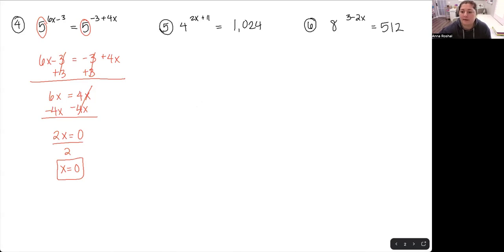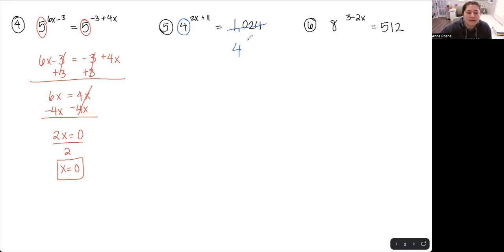Okay, and then, whoops, second. And now at this point, we're looking at problems that don't have the same base. So ideally, we're creating the same base. What we want to do is change this base into 4 to the something power. Only because this is 4 to the something power, we know that this is divisible by 2 and could potentially go all the way down to 2 to the whatever power.